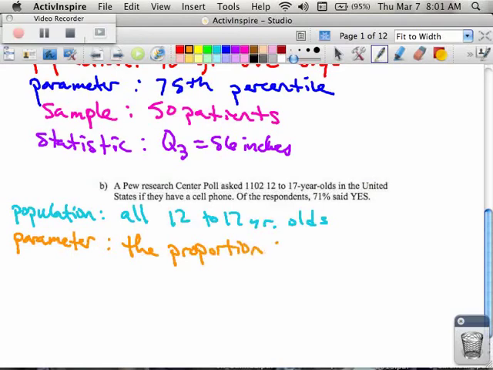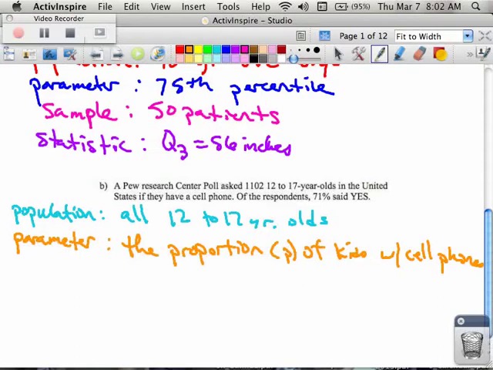And I'm just going to put P of cell phone owners. Is that what they talked about, right? Of kids, I probably should say 12 to 17-year-olds, with cell phones. So this one's kind of weird because they don't actually say what it is, but it's always the proportion, P, not P hat, P.